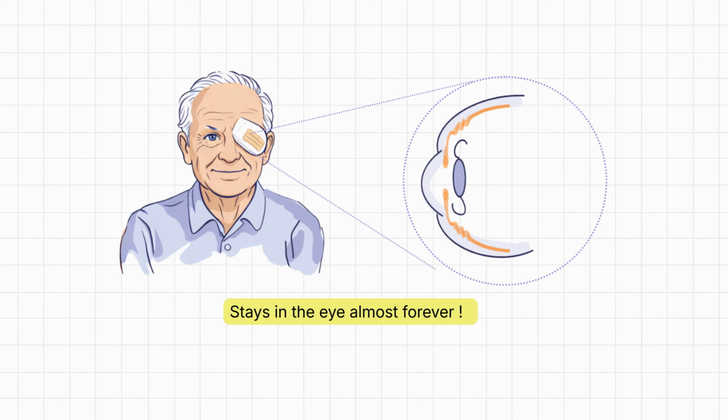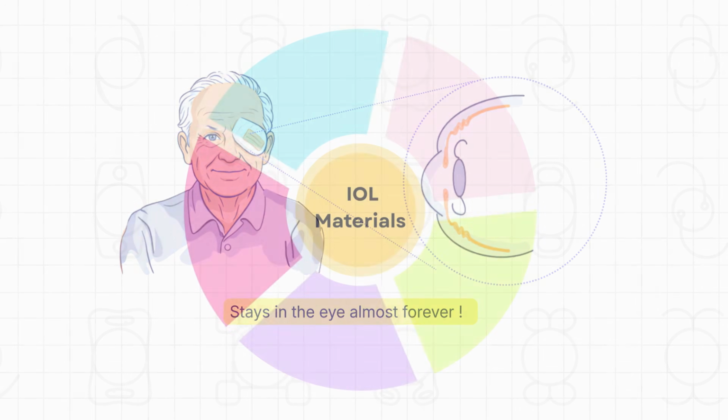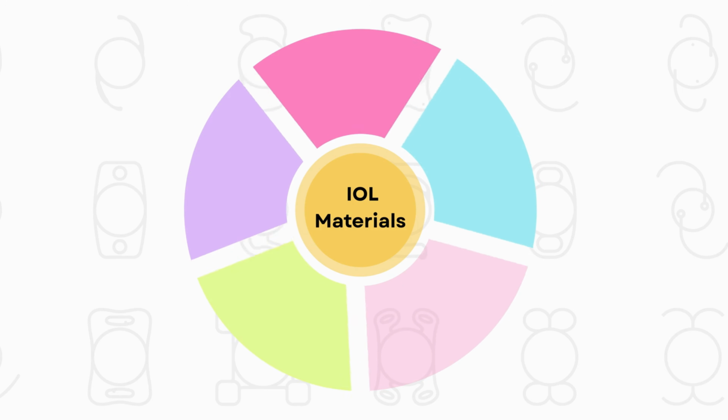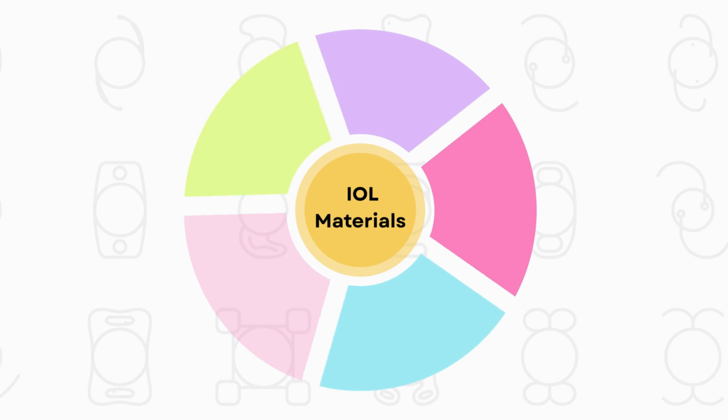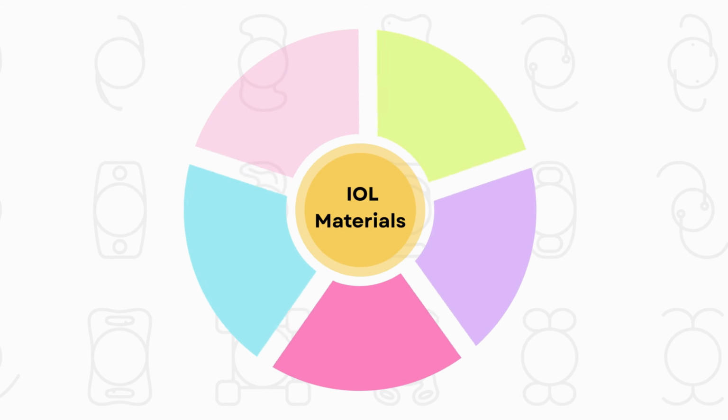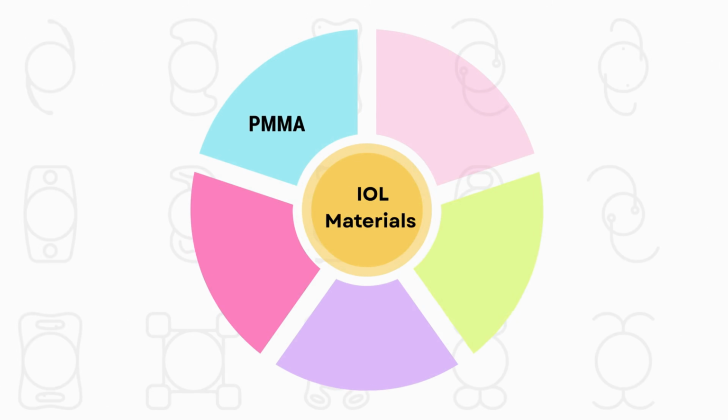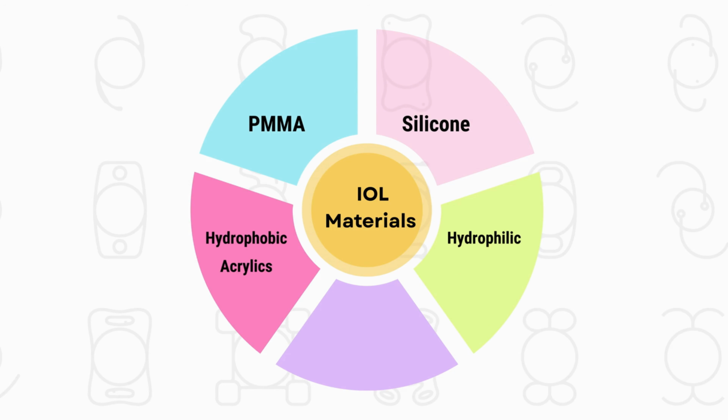To understand this, we'll first look at what materials exist, and then we'll slow down and understand why their properties matter. Over the decades, several materials have been used to manufacture intraocular lenses. The major ones you'll encounter are PMMA, silicones, acrylics, both hydrophobic and hydrophilic, and Collamer, which is primarily used in phakic IOLs.